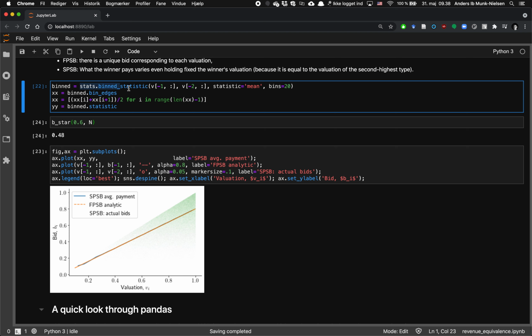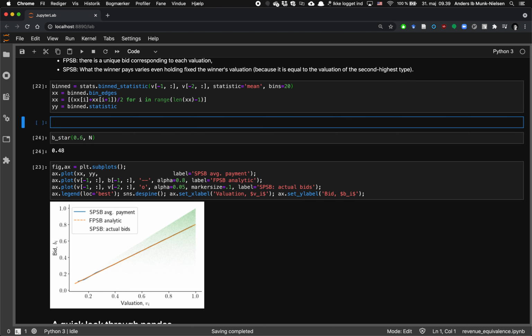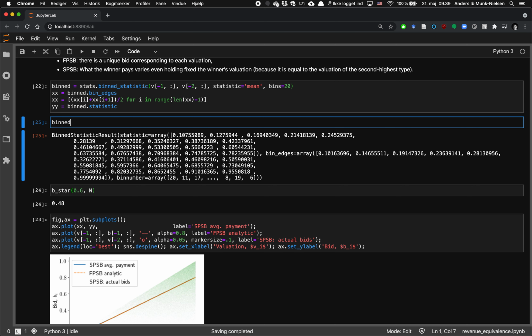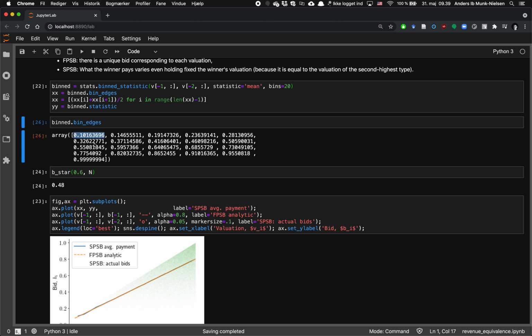We use stats.binned_statistic, and what that does is it takes the x variable here, which is the valuation of the highest type, and chops it up into 20 bins, and we can look at what the bins look like. The bin edges are given by these numbers, so from 0.1 to 0.146, for instance, that's the first bin, and it computes the average of the y variable, which is the valuation of the second type, for all observations where the x variable fell inside of this bin.